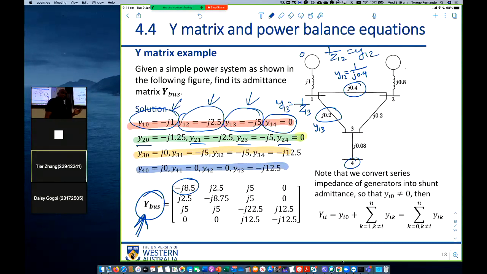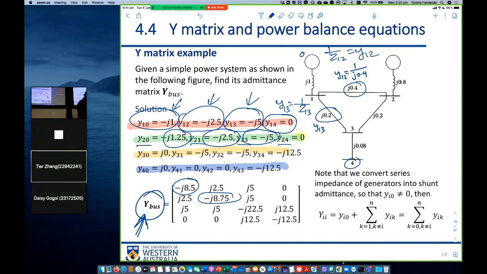Everything, all the lines connecting to bus 1. So if you sum those, you get minus j 8.5. If you sum all the admittances connecting to bus 2, which is that one and that one, you will get this value here, Y22.